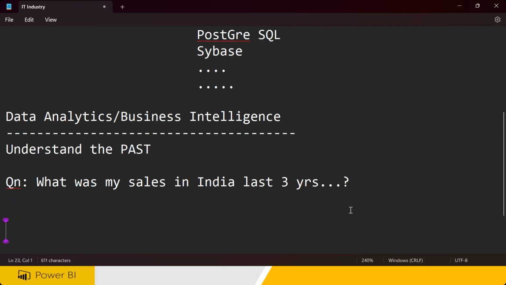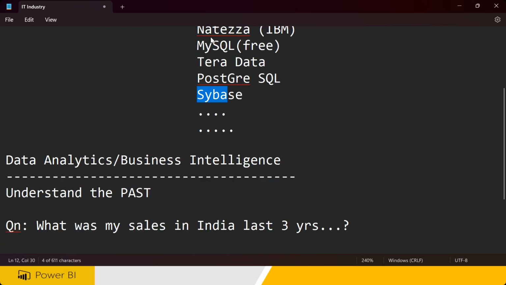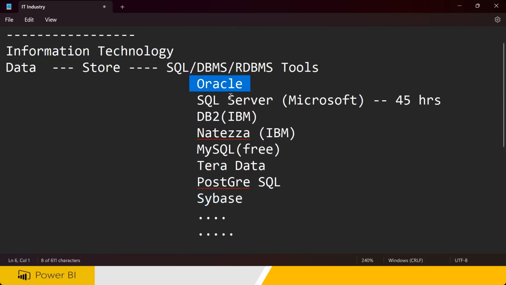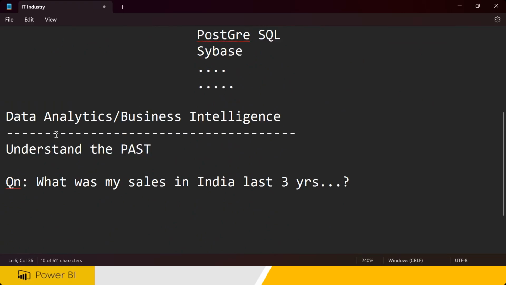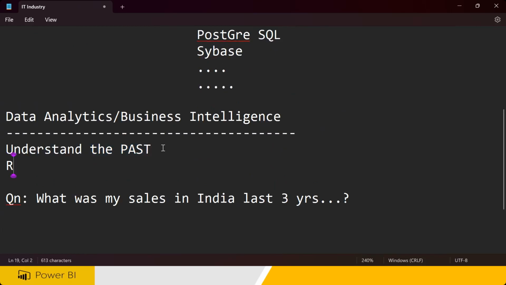Clear? So where is the data? Data may be in Sybase, Postgres, Oracle, or SQL Server. Somewhere the data is there. But data analytics or business intelligence means understanding the past, or reporting the past. People will say reporting the past is called data analytics.